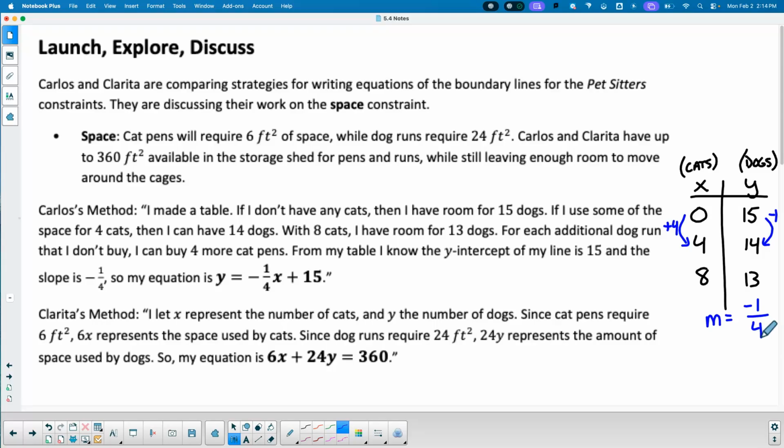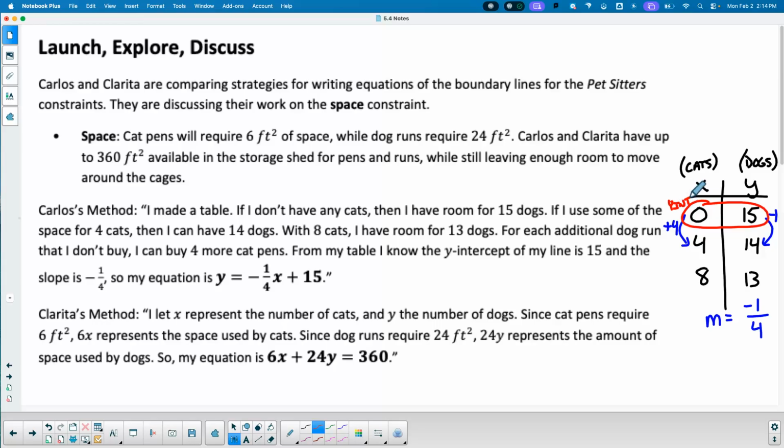Okay? What's Carlos's y-intercept from his table? 15, right? So this one right here is his y-intercept.